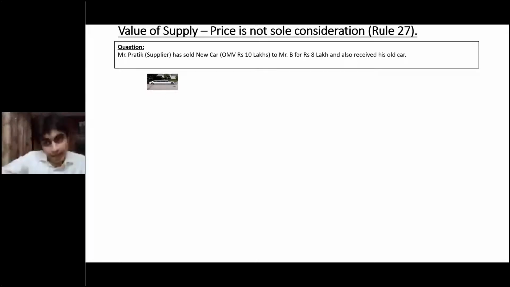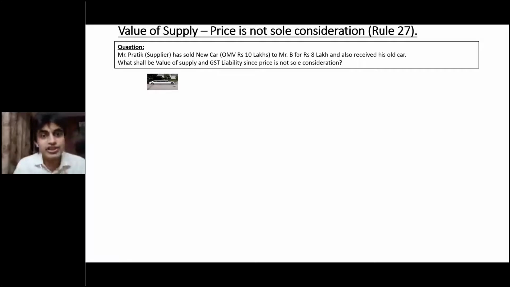For 8 lakh rupees, and I received old car from him. Consideration में I sold new car and I received 8 lakh rupee money from him and also received old car from him. So what shall be the value of supply and the GST liability in this case?